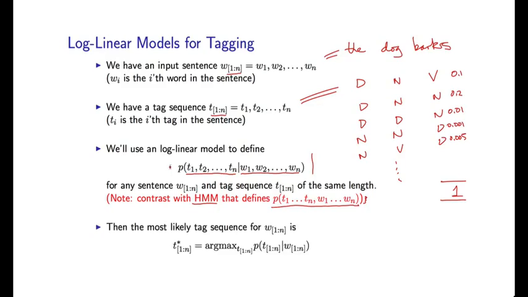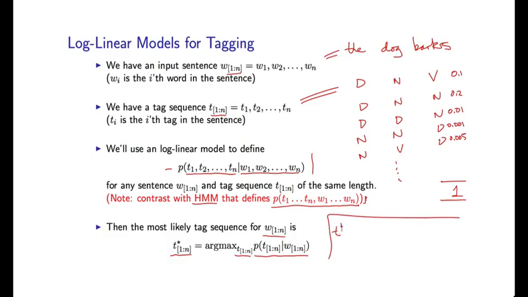Once we've derived a model of this particular form, we can then apply it to a new test sentence. If I have some test sentence W1 through Wn, then I can take the most likely tag sequence, T star, to be the tag sequence T1 through Tn that maximizes this conditional probability. And remember, with HMMs we had something very similar.